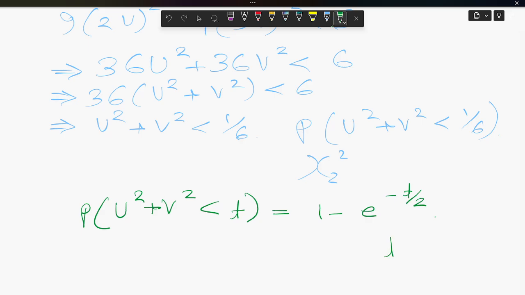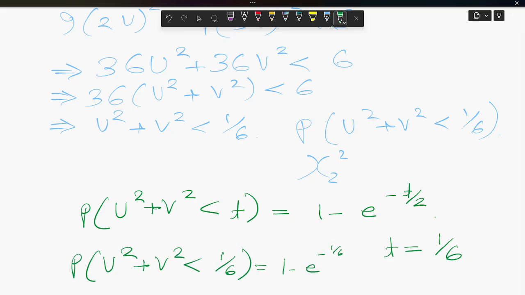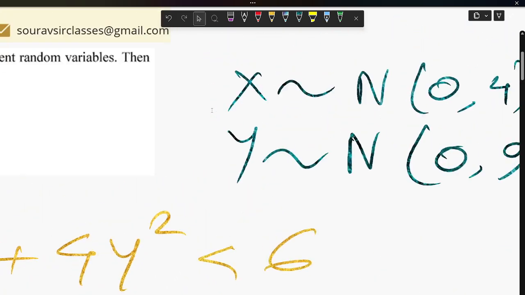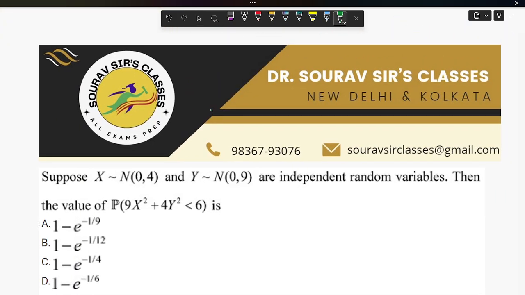Now we substitute t as 1 by 6. So the probability that U square plus V square is less than 1 by 6 is 1 minus e to the power minus (1 by 6) whole by 2, that is 1 minus e to the power minus 1 by 12. So the final answer, the probability of 9X square plus 4Y square less than 6, is 1 minus e to the power minus 1 by 12. This is option B.